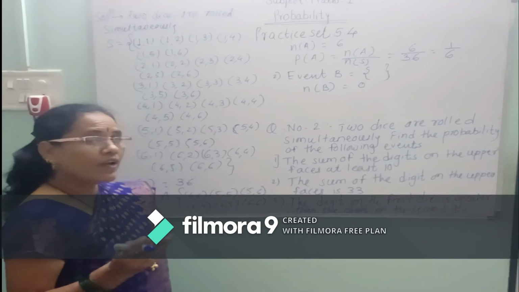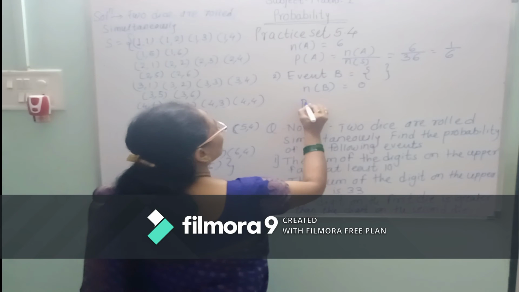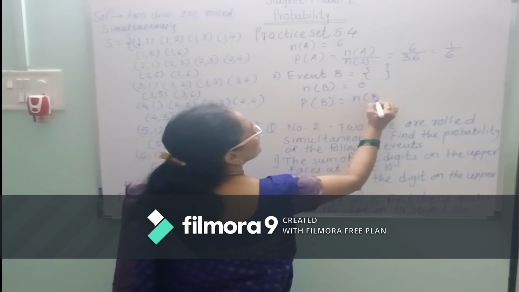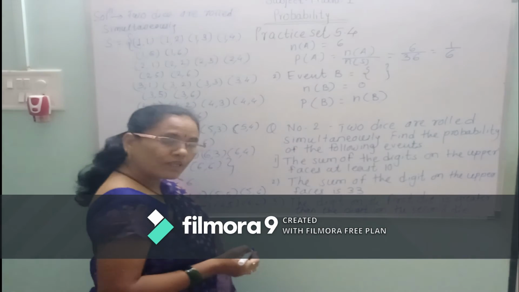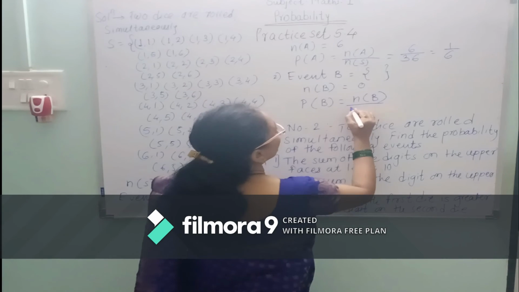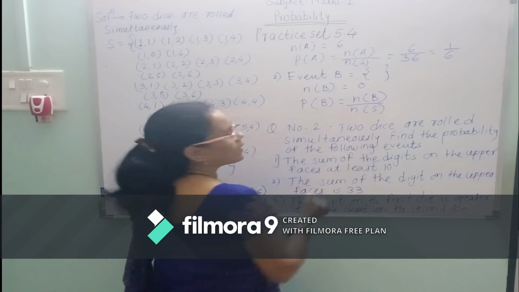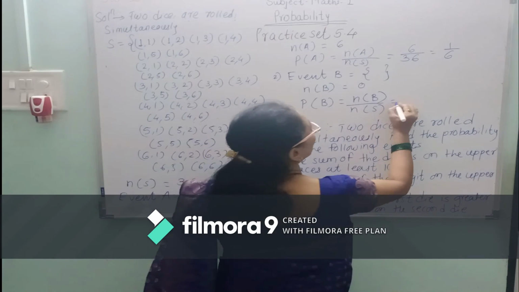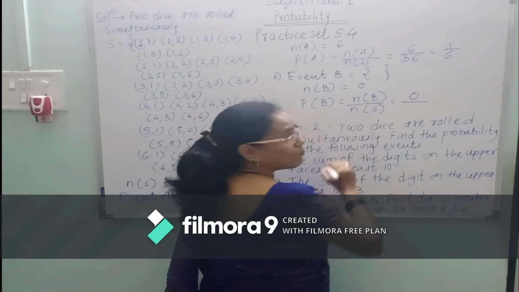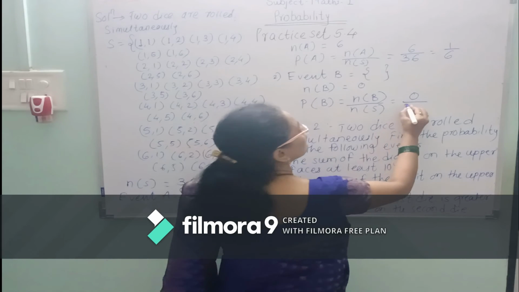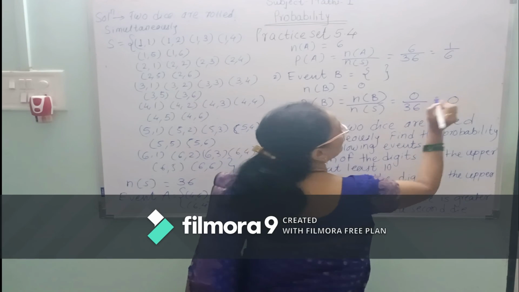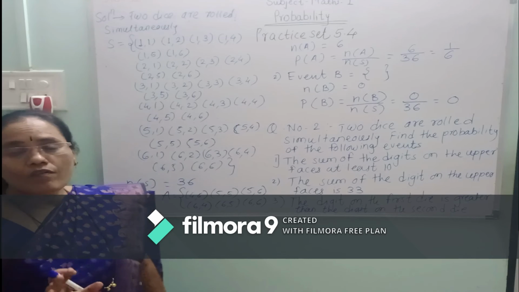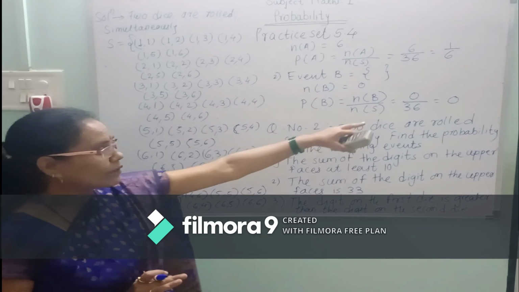The probability of event B is equal to the number of sample points in event B divided by the number of sample points in the sample space. So n(B) is 0 and n(S) is 36, and the answer is 0. The probability of event B is 0.